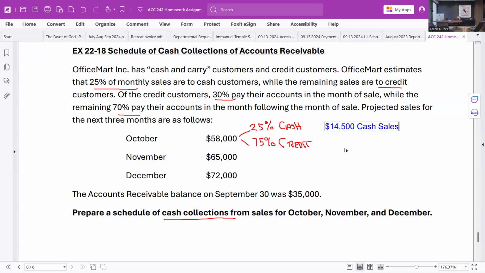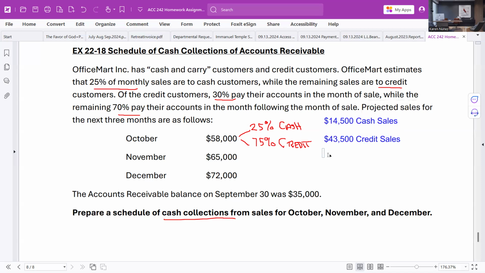On the other hand, 75% is 43,500. Those are credit sales. And then we're going to do the same thing for the November sales and the December sales, right? We have 25% and 75%.